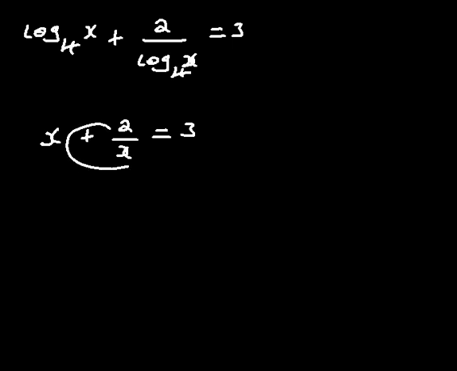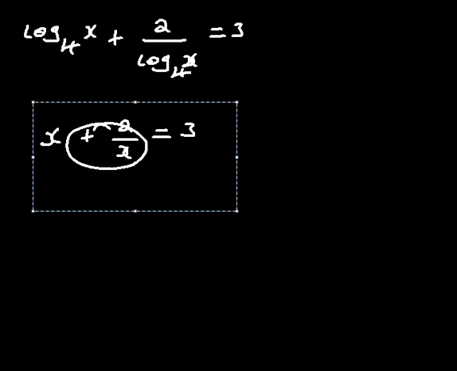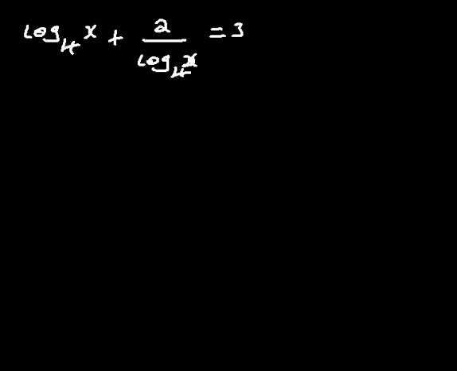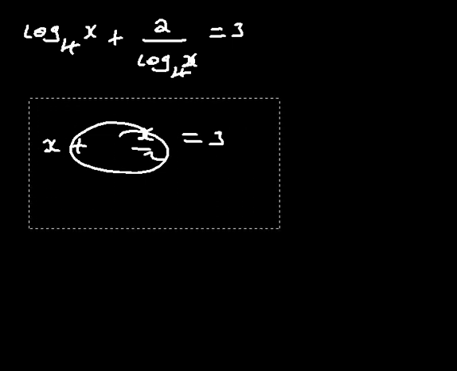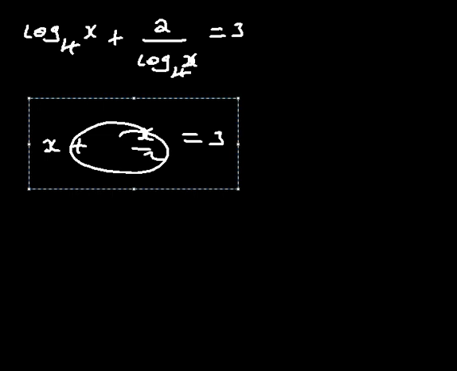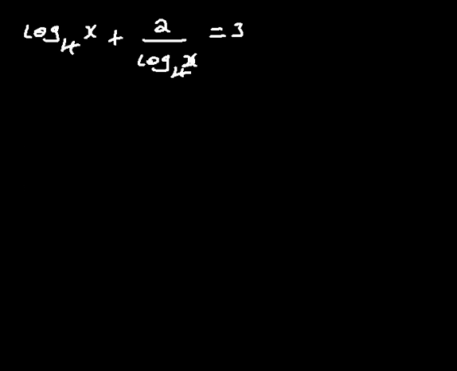So this is not part of the linear equation. But if we had x plus x over 2 is equal to 3, that is a linear equation. As it stands, that one is no longer a linear equation. So at that point we use the substitution method.